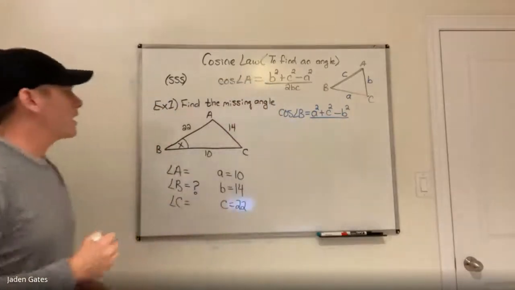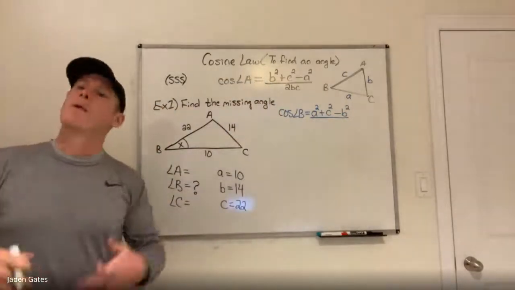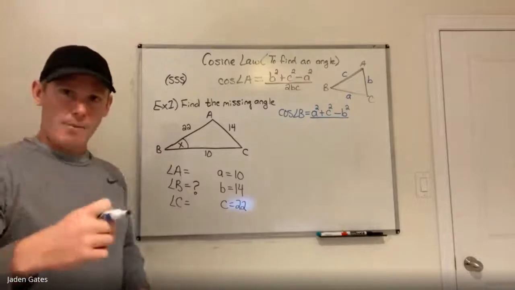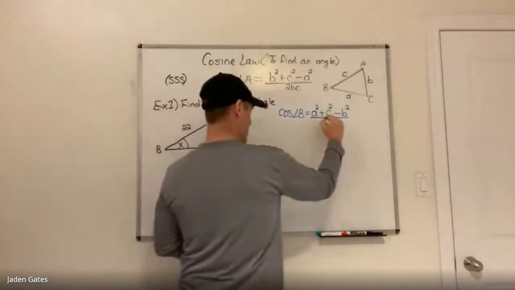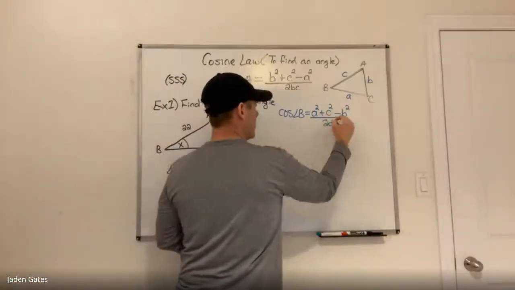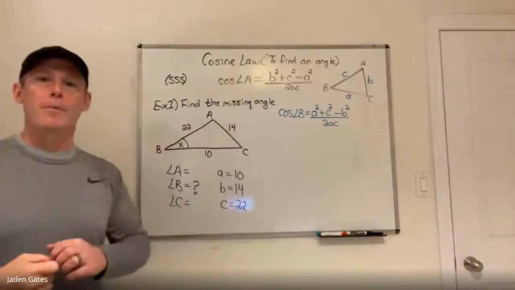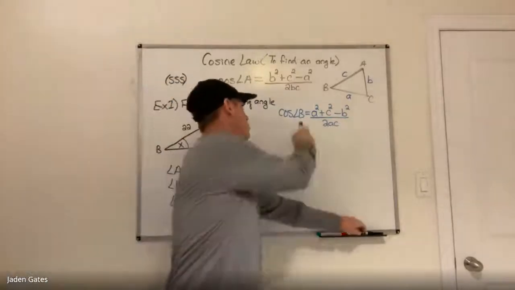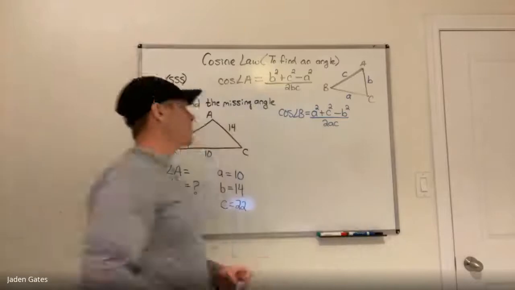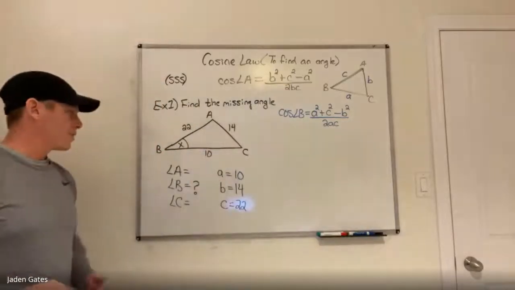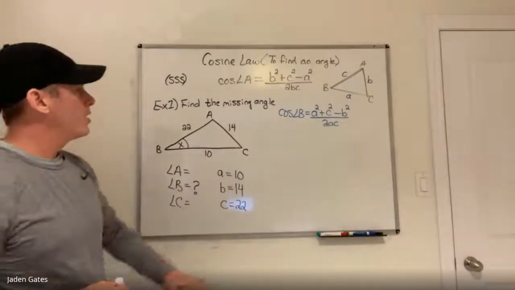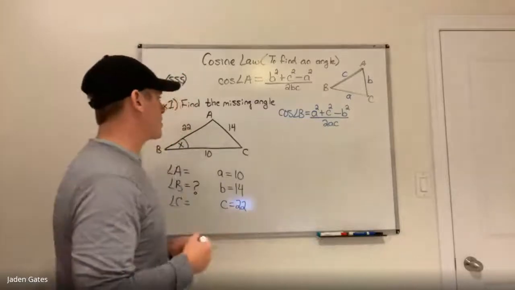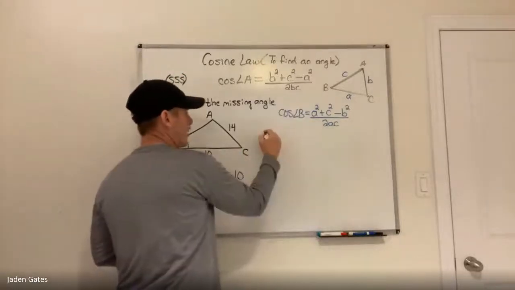And divided by, instead of 2BC, I'm now going to have 2AC, because again, I'm switching A's and B's. There we go. Now I have my formula where I'm solving for angle B. That's what I want. I've got my three sides, because that's when you're using the cosine law. Now I'm going to substitute into my formula and solve for angle B.